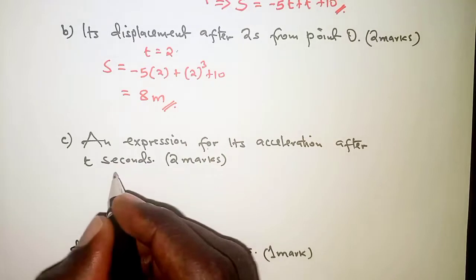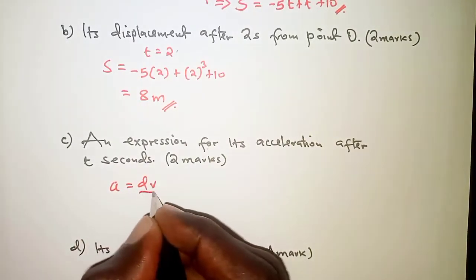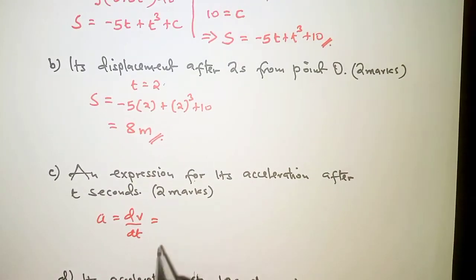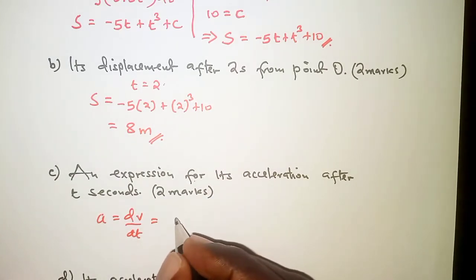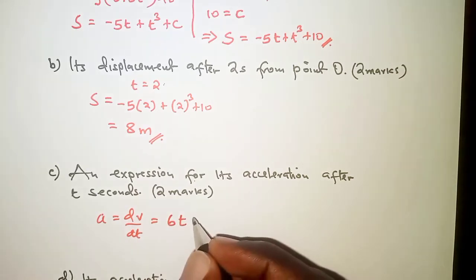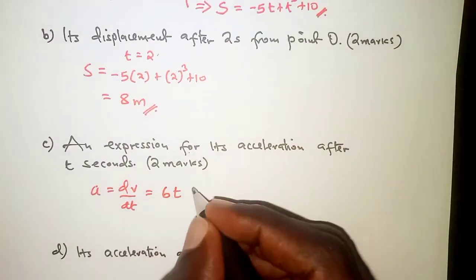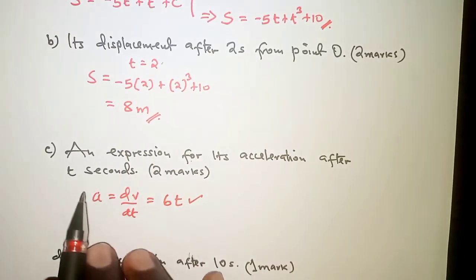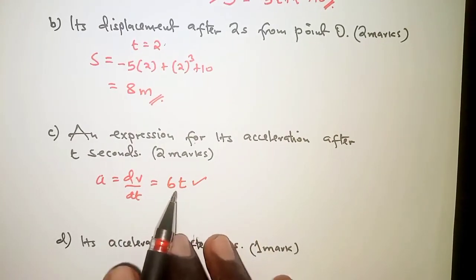So acceleration a is equal to the derivative of v with respect to t, and that is, when you differentiate -5 plus 3t squared, that gives us 6t. And that is the acceleration after t seconds, so our answer should be expressed in terms of t.